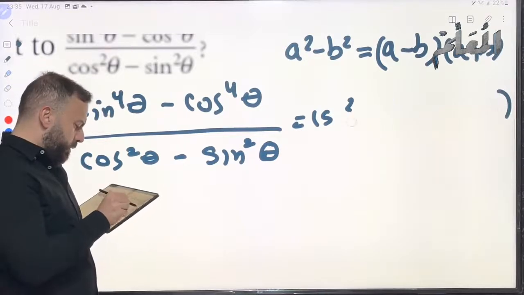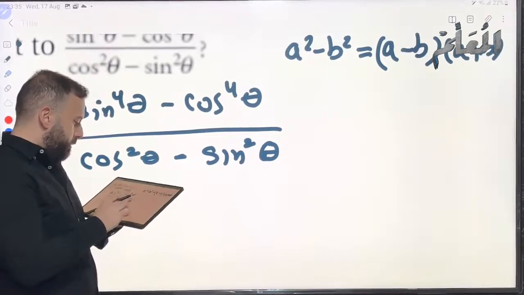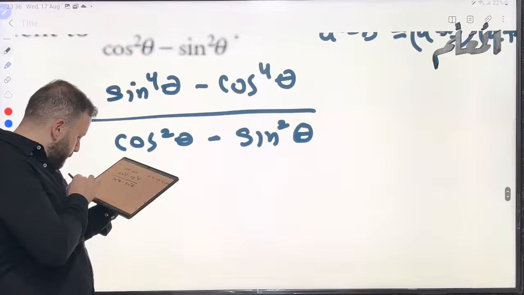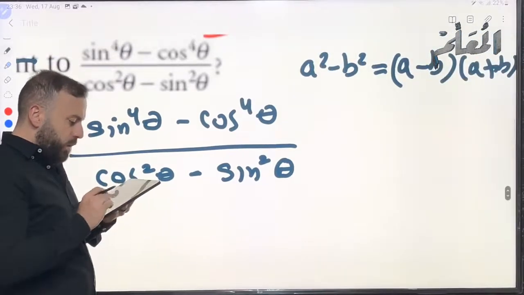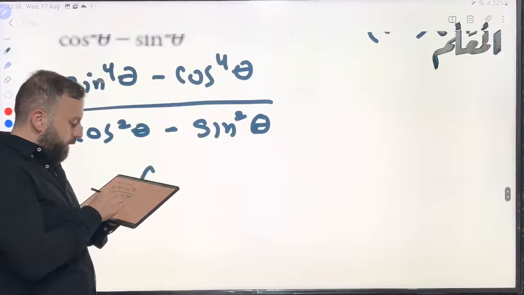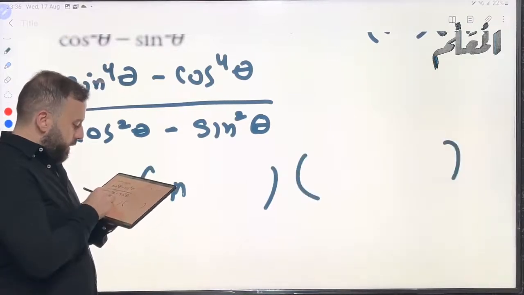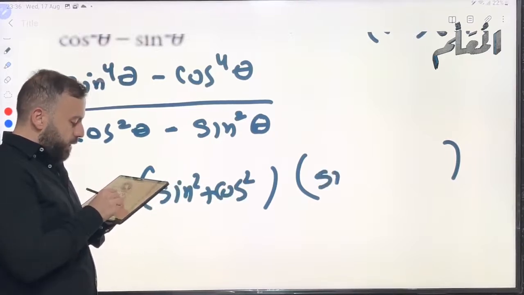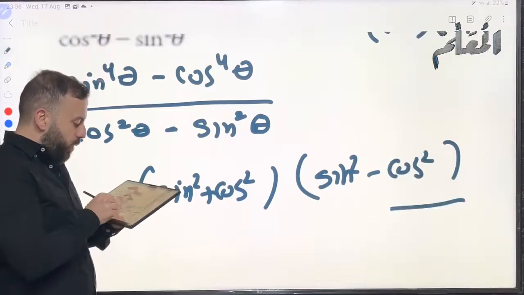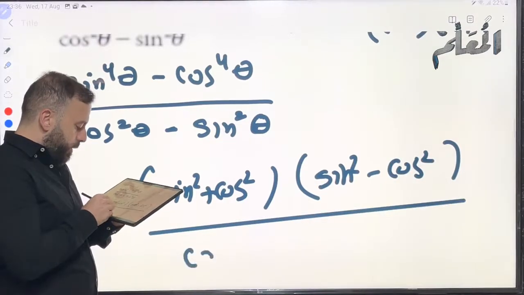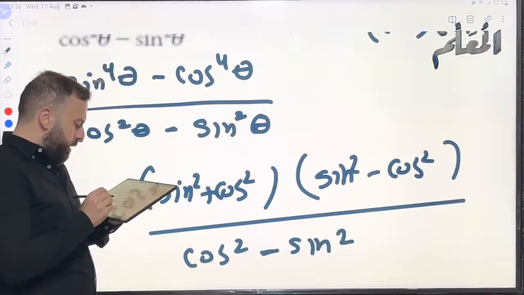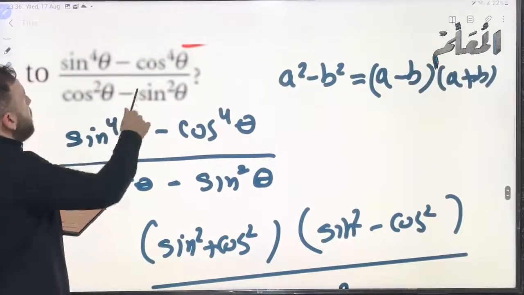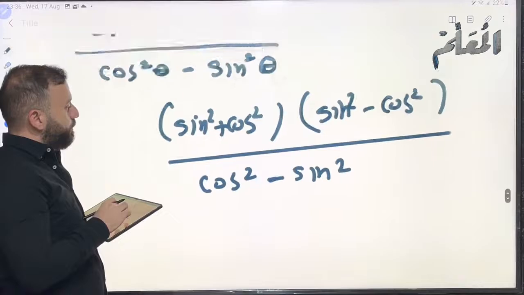Let me just write it in a proper way again. The brackets: sine squared plus cosine squared, and here sine squared minus cosine squared, all over cosine squared minus sine squared.